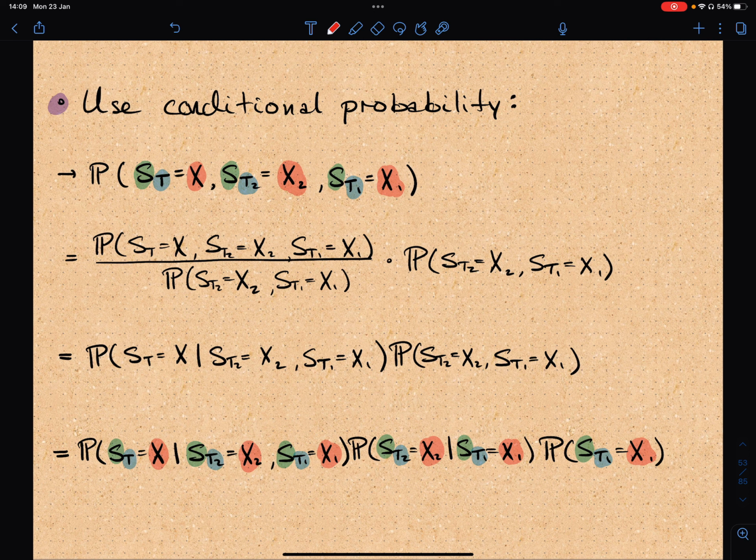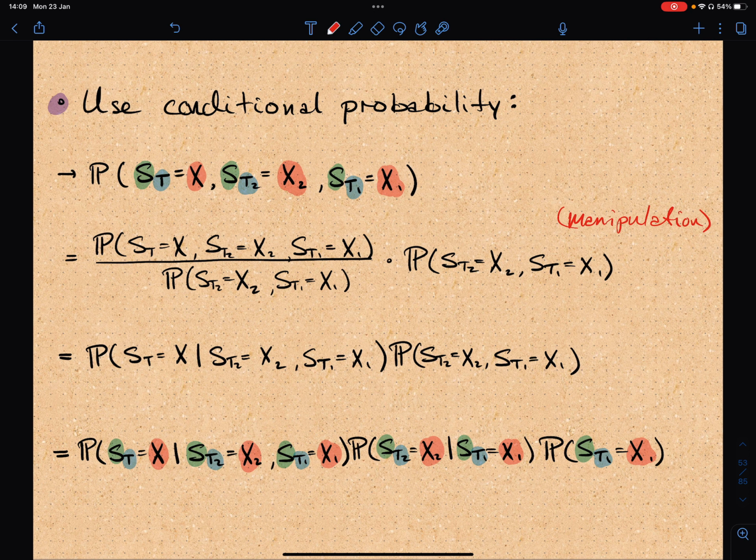This is just a manipulation of our probability function: if this is a non-zero probability, then this is fair game. If this is a zero probability, then we don't really have anything to compute. So we're just safely assuming that this is non-zero.